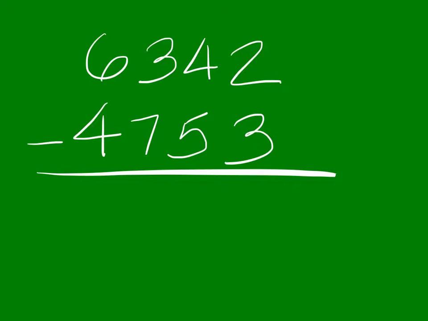On the practice problem, you must borrow 1 from the 4 and make it 3, and then create a 12 there instead of a 2. 12 minus 3 is 9. Now if you go over to here, you have 3 minus 5.